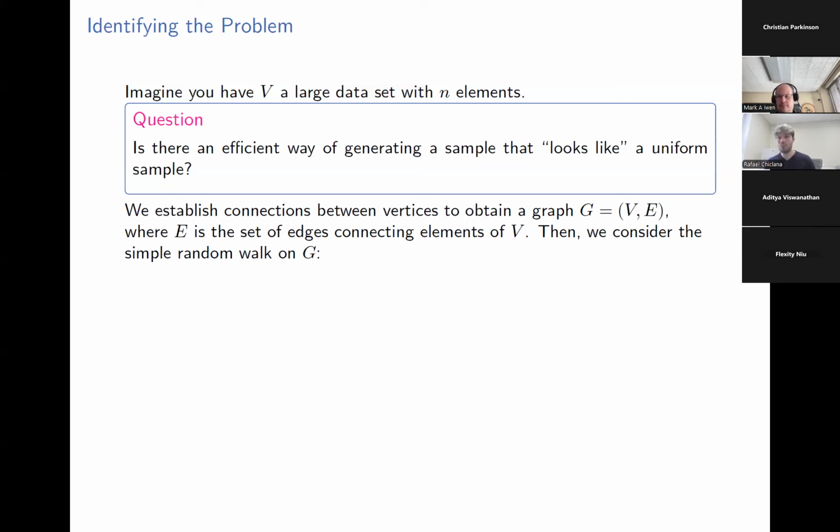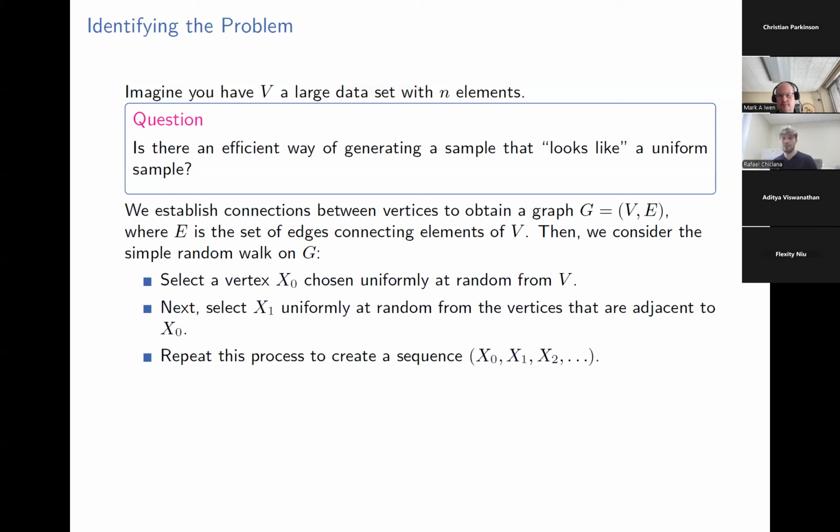The simple random walk does the following. First, we do the same as the uniform sample: we pick a random point from my set. But now, to find the next element in my sample, instead of again picking one point at random, I will look at the vertices that are adjacent to that point, and I will pick one of those at random.